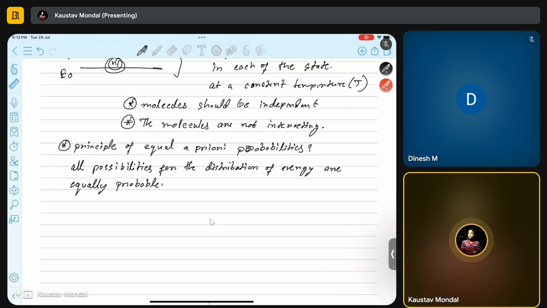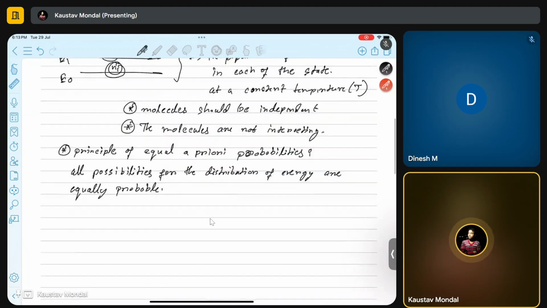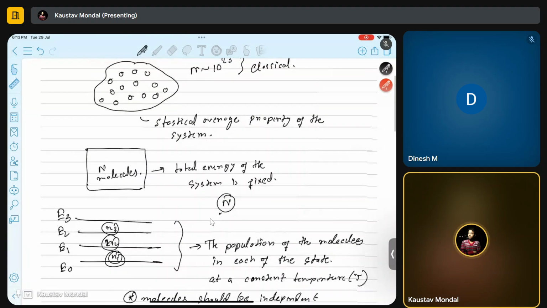So in a distribution, all the possibilities of a distribution of the energy are equally probable. This is the principle called the principle of equal a priori probability. I guess this has been taught prior to this course. So these are some basic things about statistical mechanics.